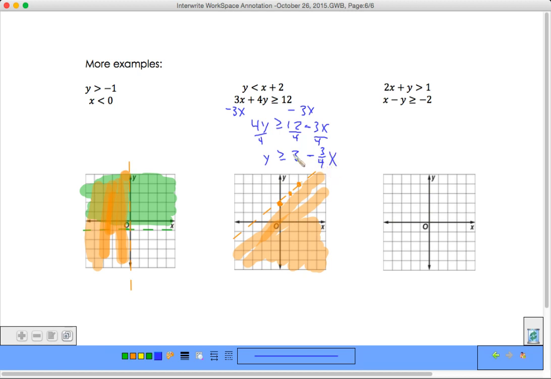So we know that means we start at 3, go up 1, 2, 3, and put a point. And then we go down 3 over 4. So down 3 over 1, 2, 3, 4. Gives me a second point. Because it does have the line underneath, I want a solid line.